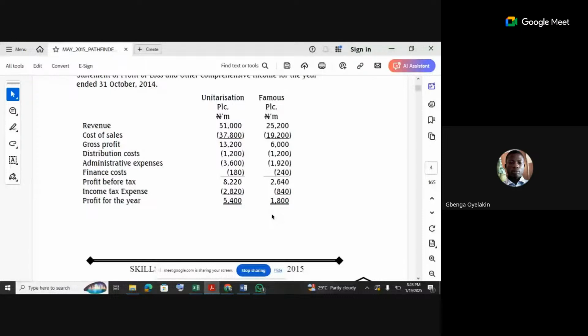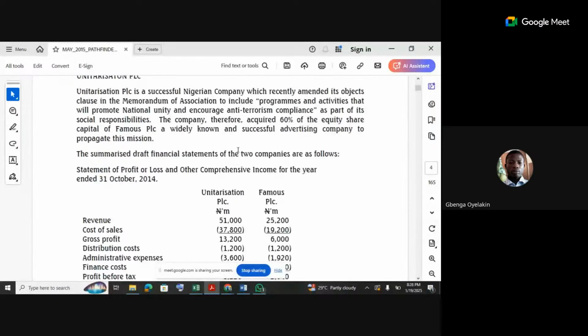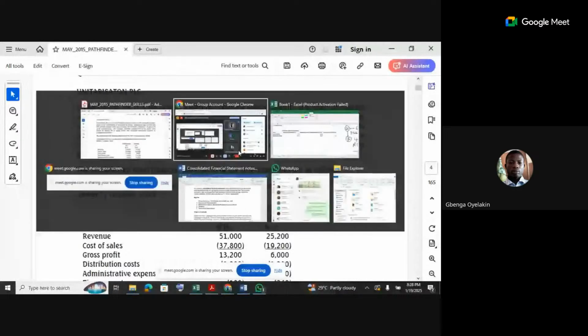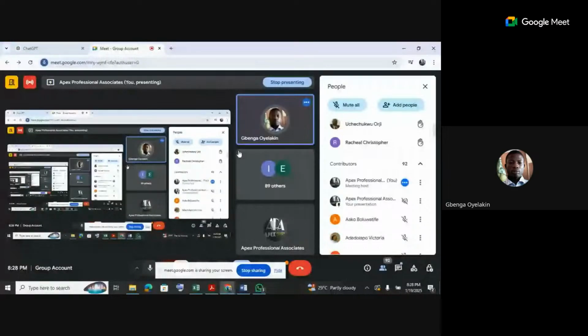And from the question we are examined, we are made to understand that Unitarization acquires 60% of Famous Asset. So meaning that, by the group structure, Unitarization has 60% and Famous has 40%.